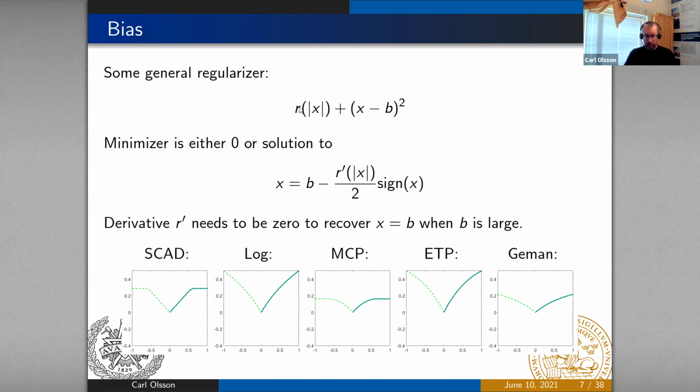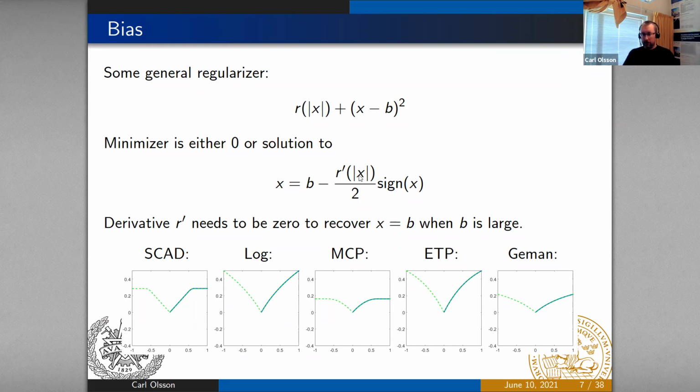So if I take a general regularizer here, and I just minimize this, see what it gives. So the minimum is either going to be in 0 because it's non-differentiable in 0, or it's going to be a stationary point, which is a solution to this basically. So if I look at this, the only way I can recover b is if this derivative here is 0 or really small or something like this.